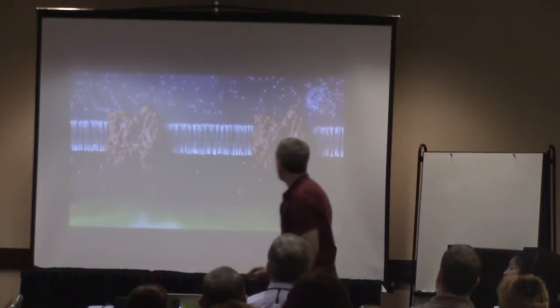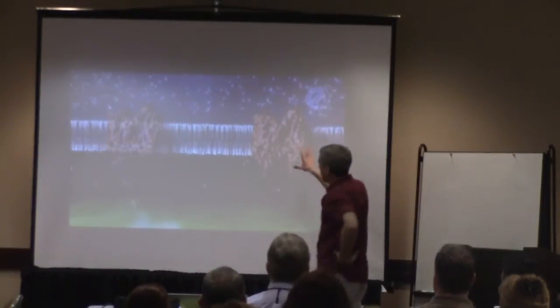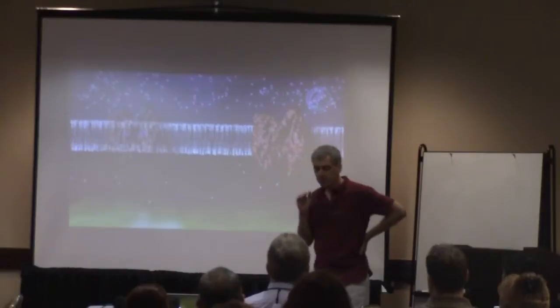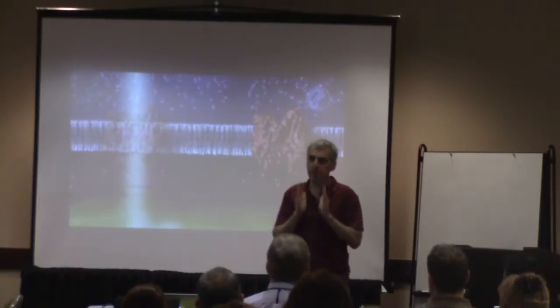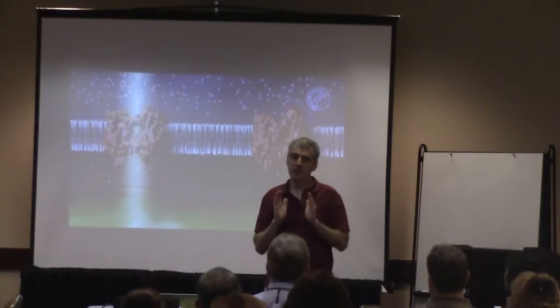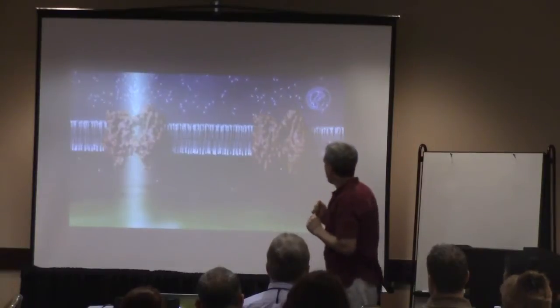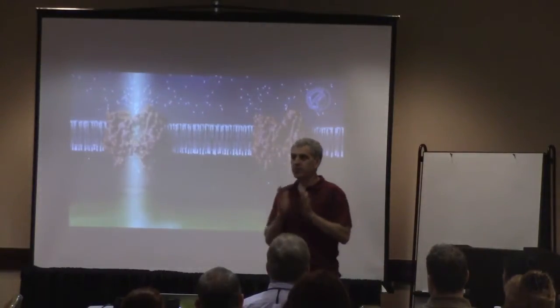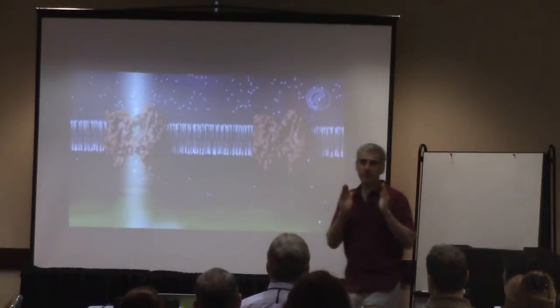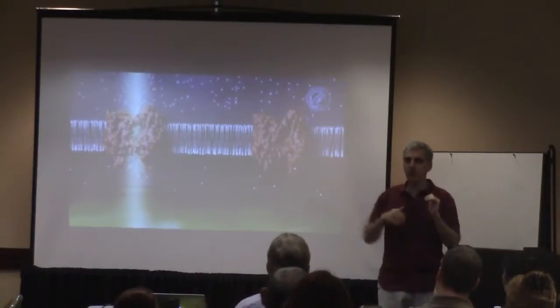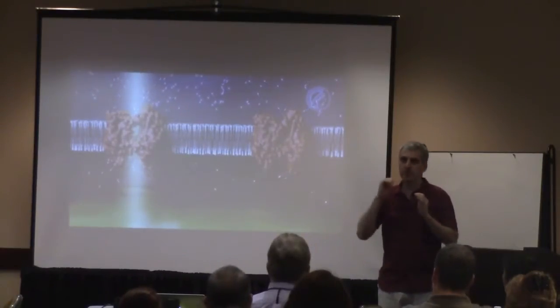So these are now images of channel proteins, proteins that live in the membrane of algae. And when light shines on these proteins, the channel opens up and ions flow through the membrane.